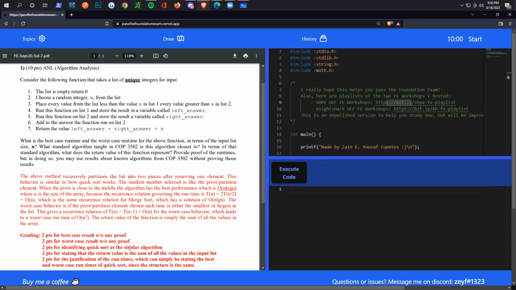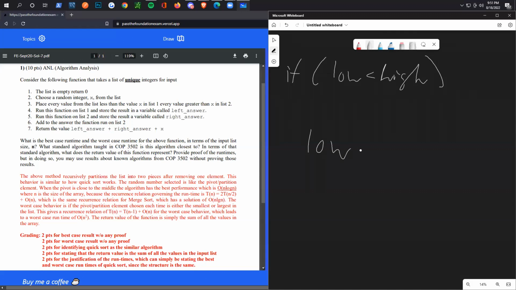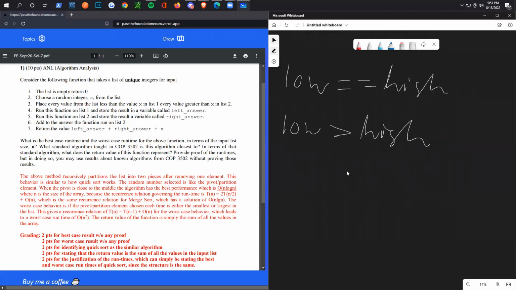Because remember, the whole idea with quicksort, your base case is going to be just like merge sort, where it's if low is less than high. So the smallest case where this breaks is when, for example, low is less than high, what invalidates this is if low is equal to high, and if low is greater than high.